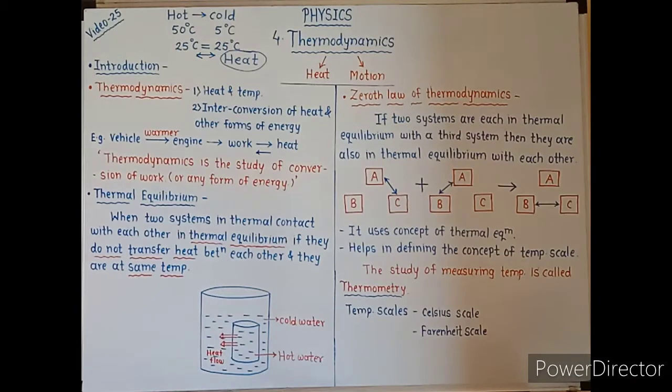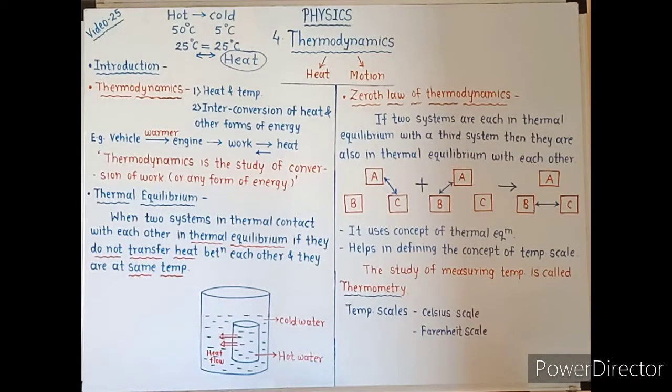That means heat is transferred from higher temperature to lower temperature, and this transfer continues till the level of heat contained in both the substances, that is hot water and cold water, is the same.